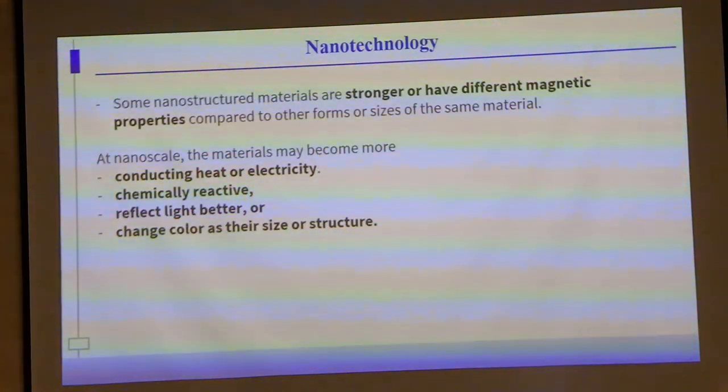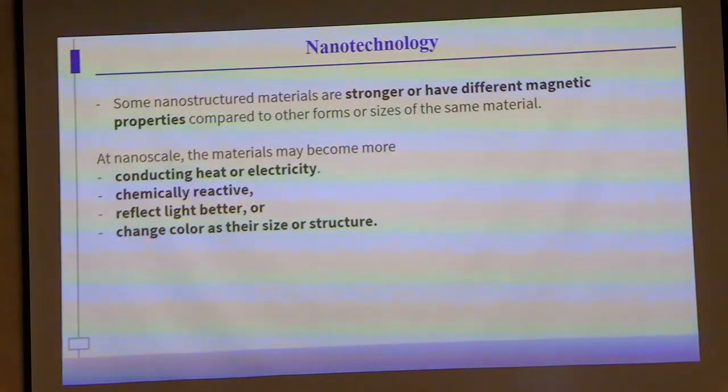Some of the properties at nanoscale, like material can be stronger, can have unique magnetic properties. And when I say magnetic properties here, one word you are listening every time when we talk about nanotechnology or computer, that is quantum computing, right? So quantum computing is happening just due to this nanotechnology.